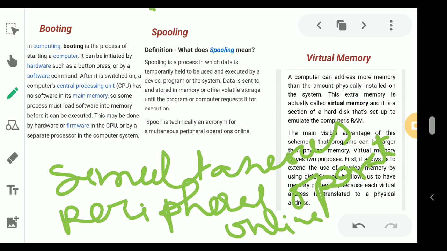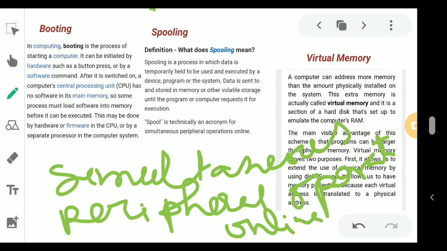So the output device or input device cannot match the speed of this data transmission. That's why it is loaded into an intermediary state, and from there, according to the speed, it is transmitted to the CPU, or from the storage unit it is transferred to the output device.